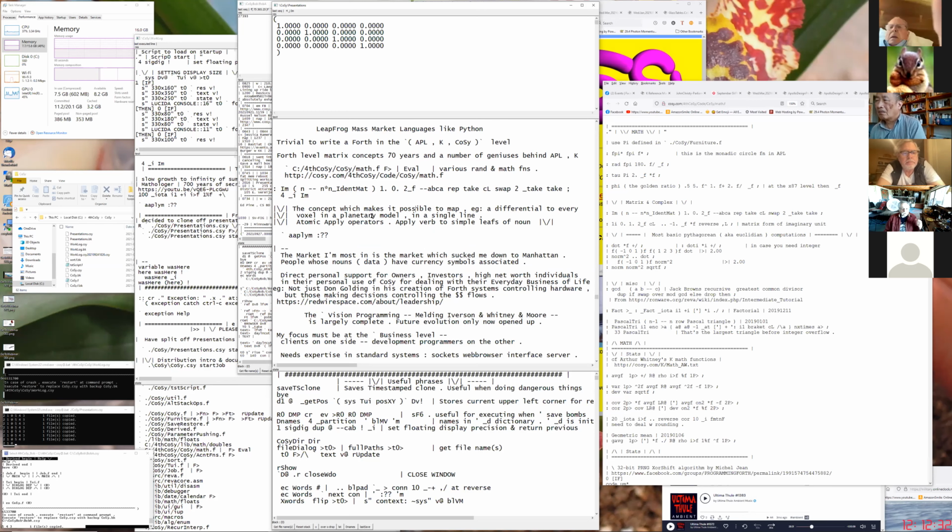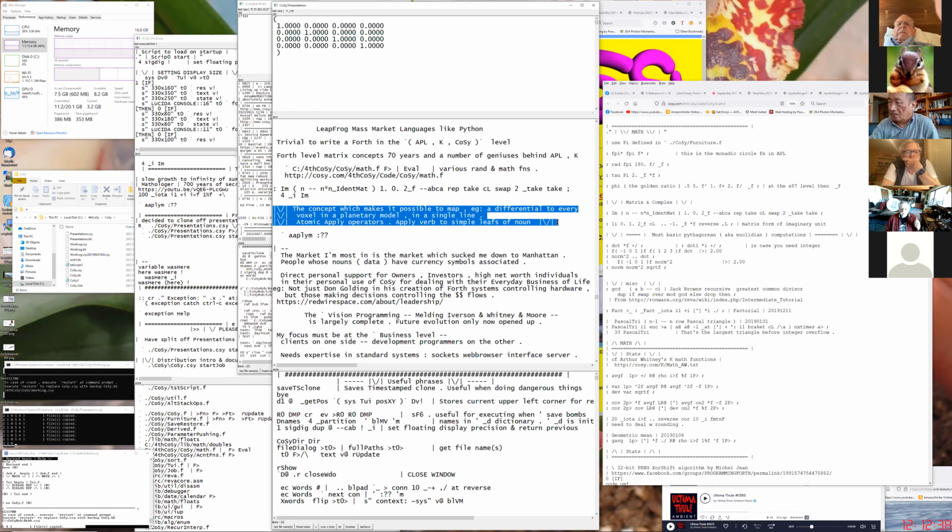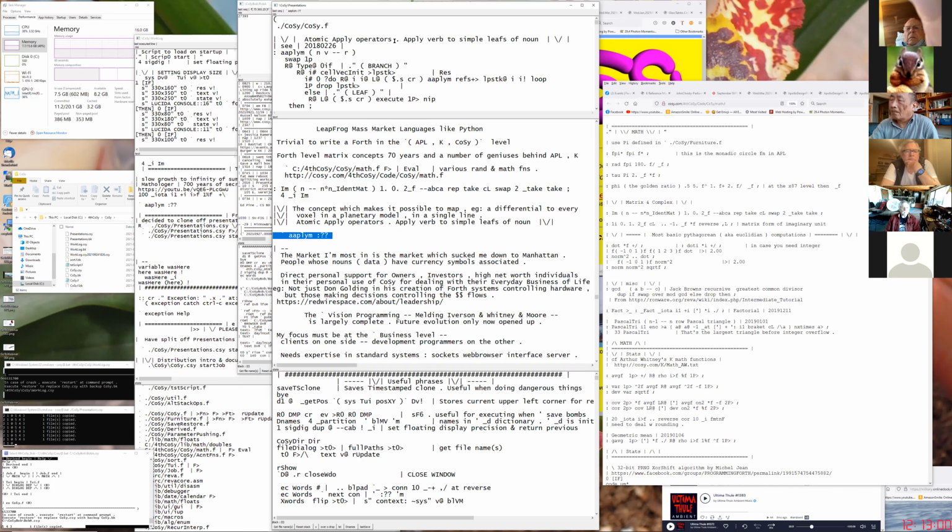And one of the things, the subtlety of the ideas in APL and K, which make them such that their market is the core of the global financial world, is notions like atomic apply.